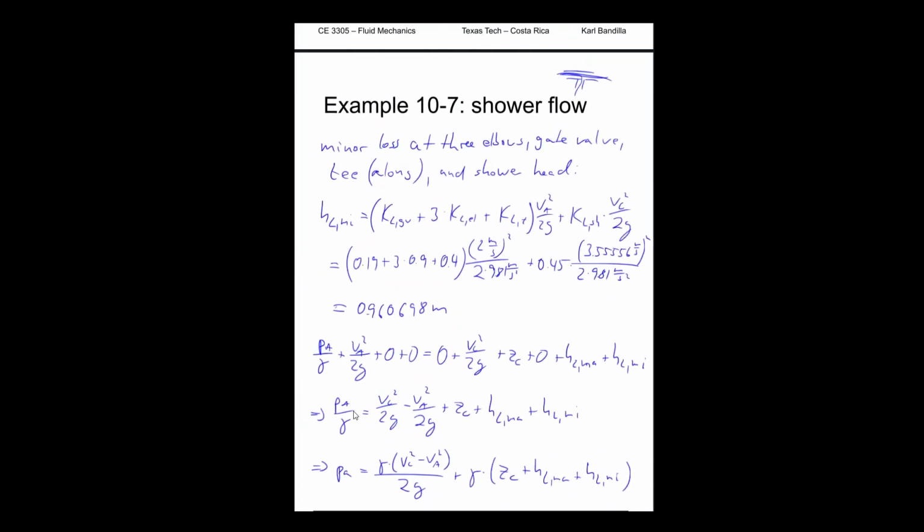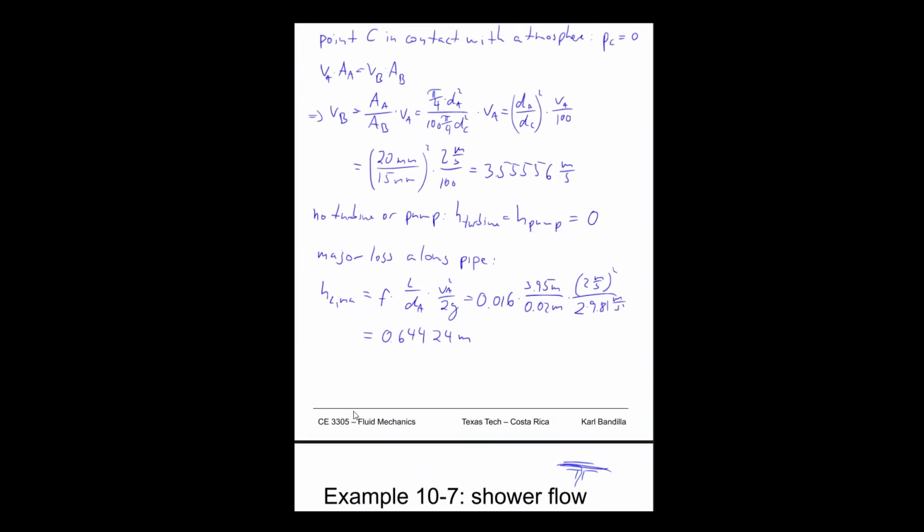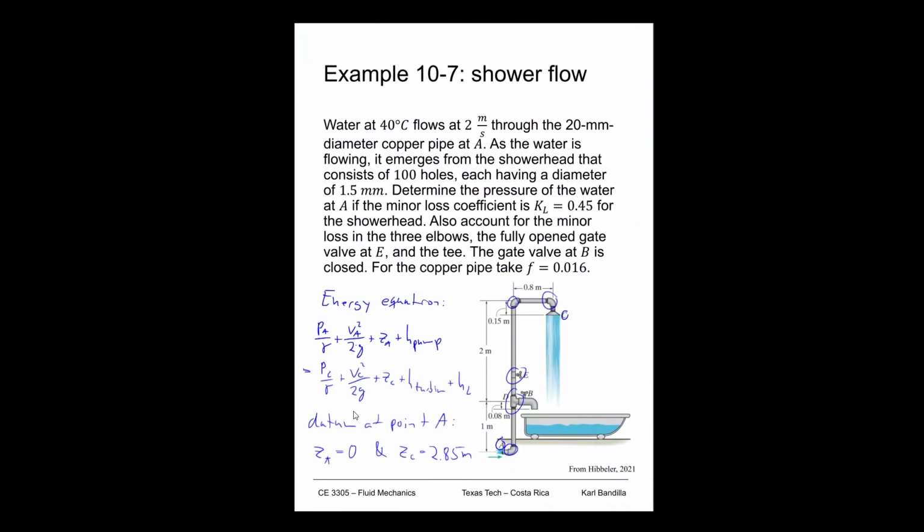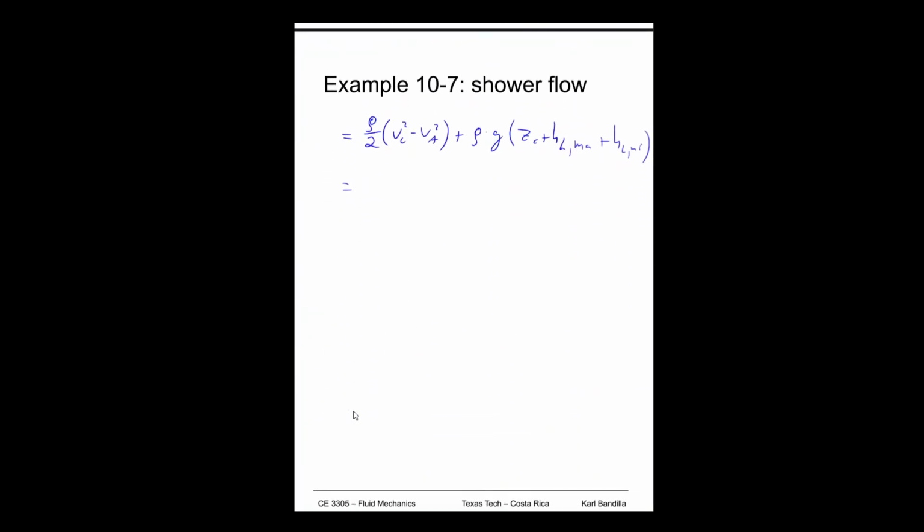So we'd have to look up our density for water at 40 degrees C, and that turns out to be 992.3 kilograms per cubic meter, divided by 2.